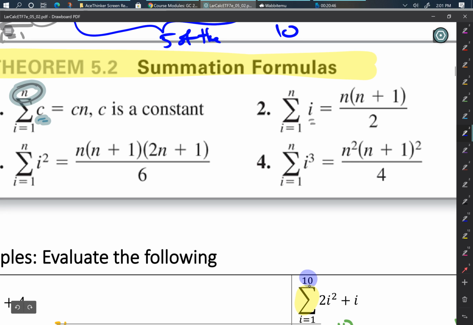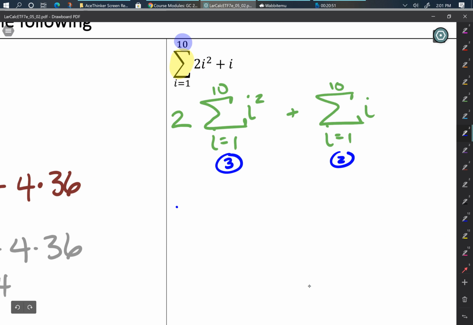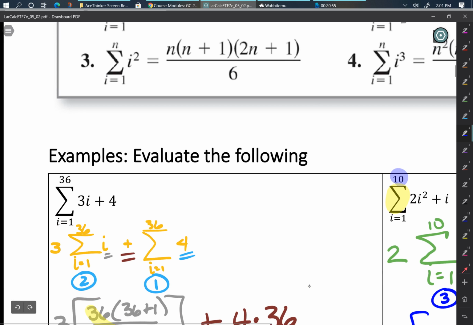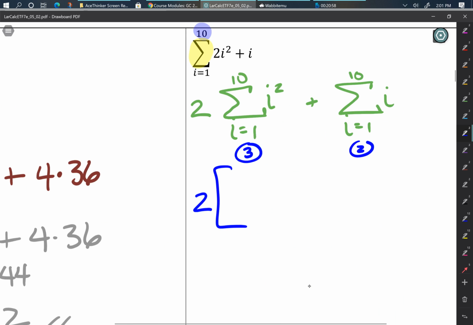Okay. So this shouldn't be too bad. I think I can do this. Let's see, i squared. So this is going to be 2 times n times n plus 1 times 2n plus 1 divided by 6, where n is the upper limit of summation.